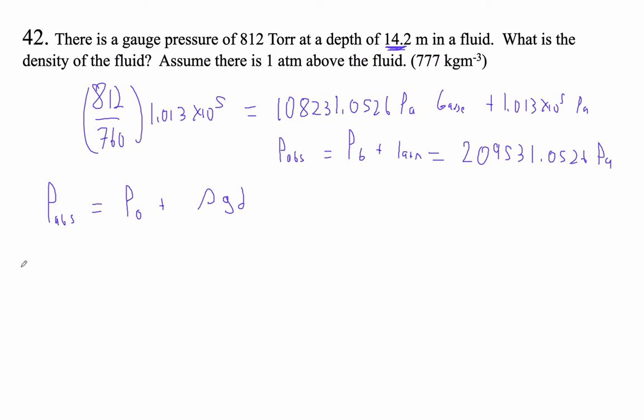That's my absolute pressure, 209,531.0526, and then the pressure above the fluid is 1 atmosphere, so it's 1.013 times 10 to the 5th pascals, plus, let's see, the density. Oh, we're trying to find the density, okay. Times 9.81 times 14.2.